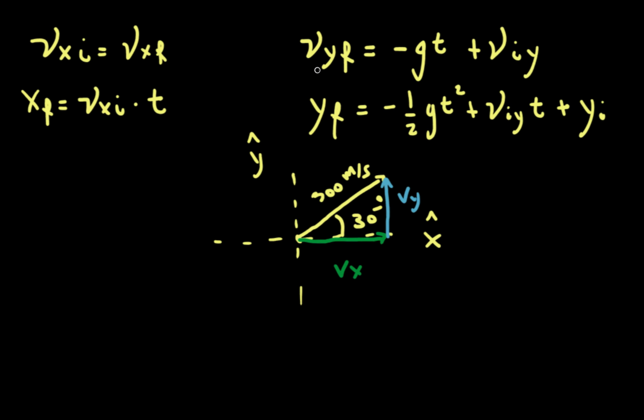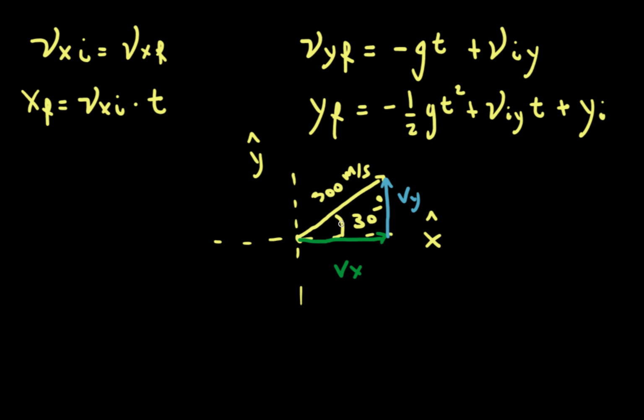So these two are velocities in the y, and you have another velocity in the y right there. All of these equations are calling for velocities in the y, so these are the vertical velocities. In the x direction, these velocities are basically this leg of this triangle, and so is this one.